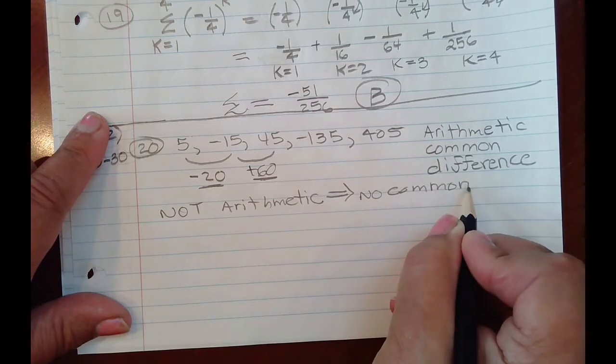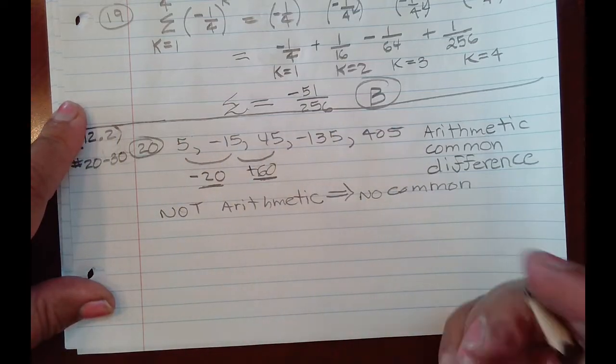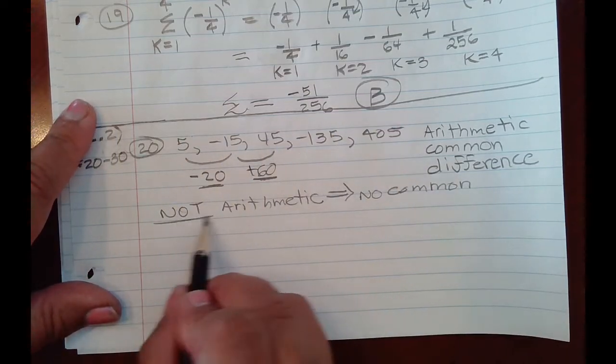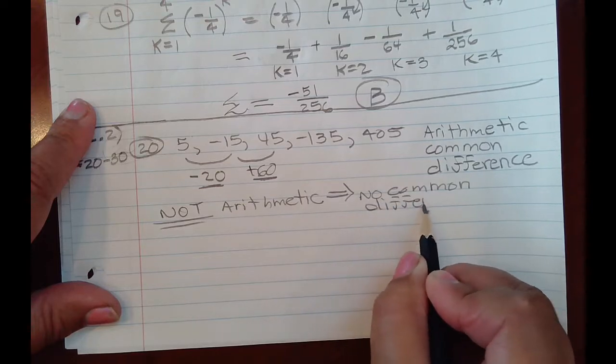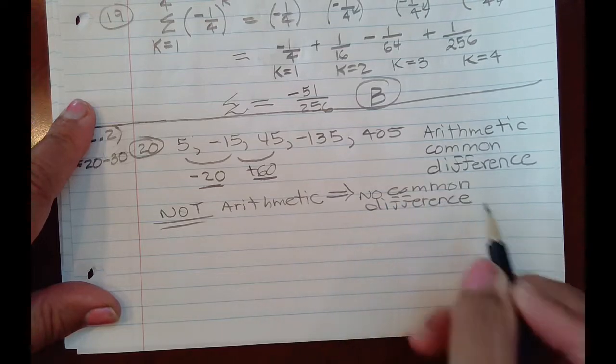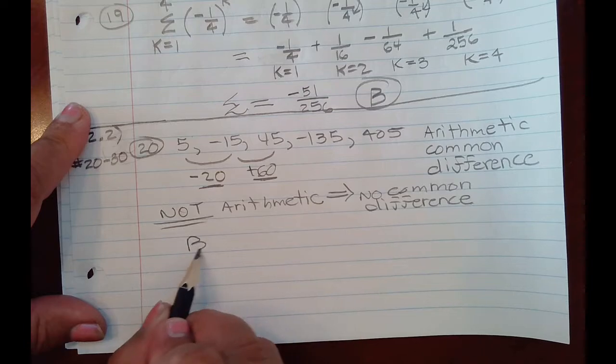If you were adding or subtracting the same number each time to get from number to number to number to number, then it's arithmetic. So this one is not. Okay, so for 20, the answer is B, not arithmetic. Moving on to 21.